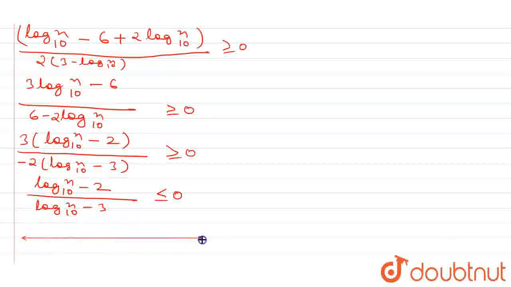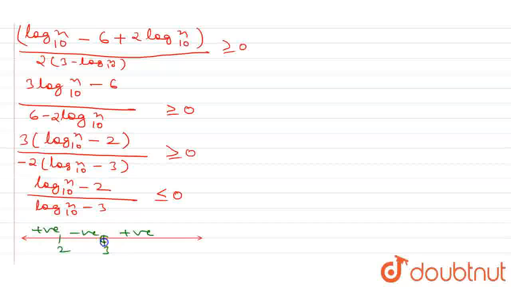So this is my number line, and here I write 2 and 3. If I take a value more than 3, here I write the value after 3 in this function, so it is positive, here it is negative, and here it is positive.